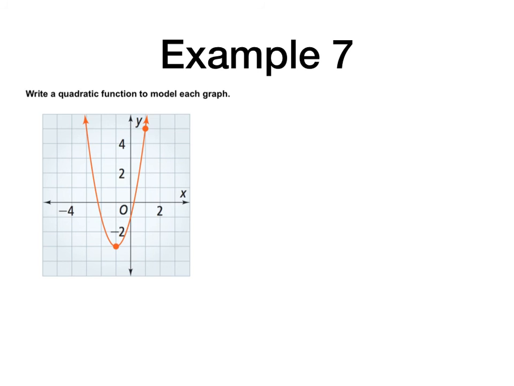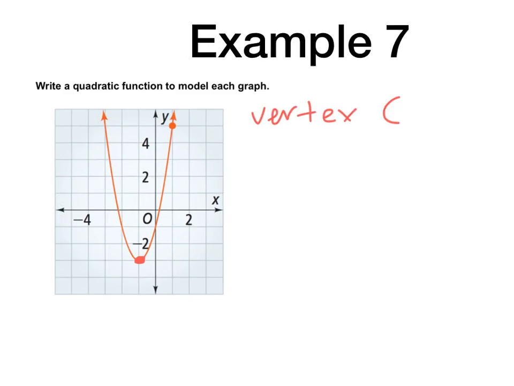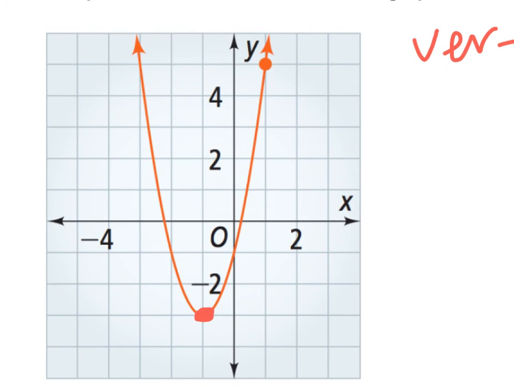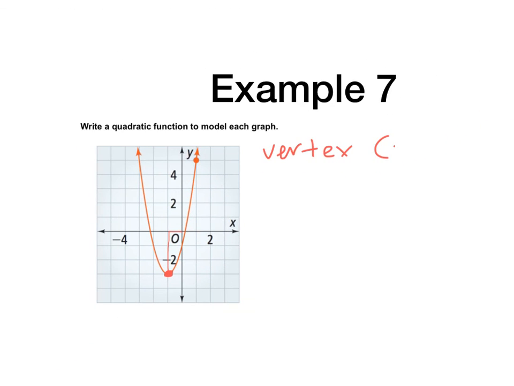Okay, and last example. We're going to write a quadratic function to model the graph. So what do we know our vertex is going to be? Our vertex is this point, right? So we're going to the left 1 and then down 3. So it'll be -1, -3.